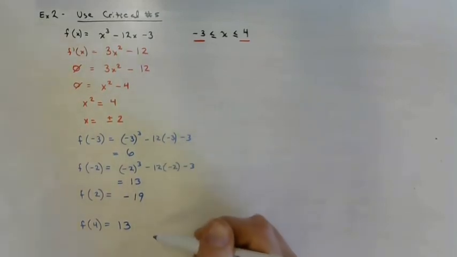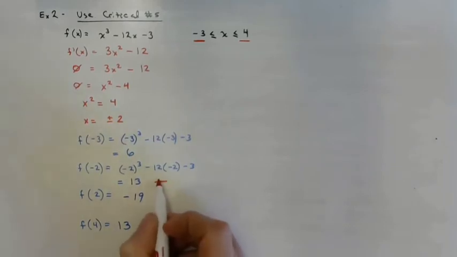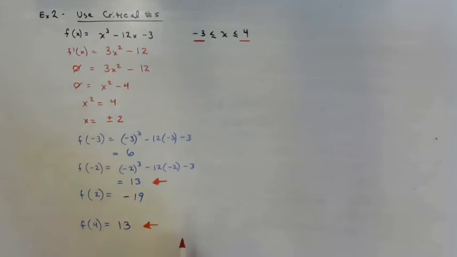So then just taking this, we can identify our maximum value. The maximum value is positive 13, and it actually occurs twice. Our minimum value is negative 19. It occurs once.